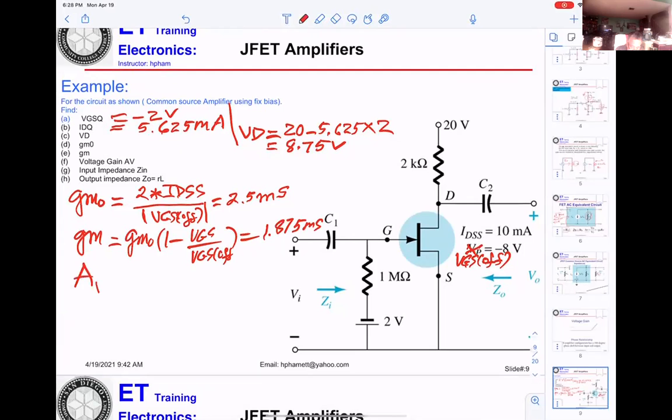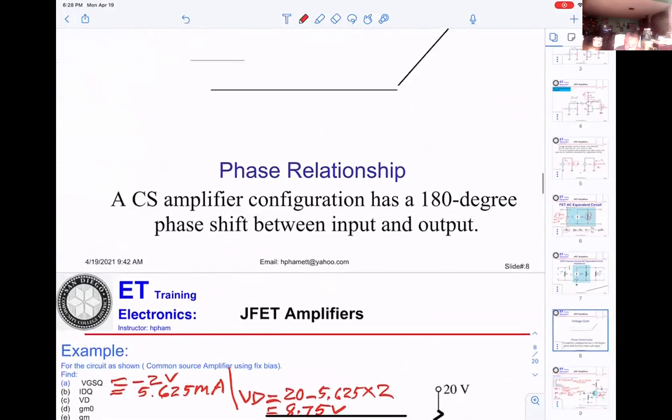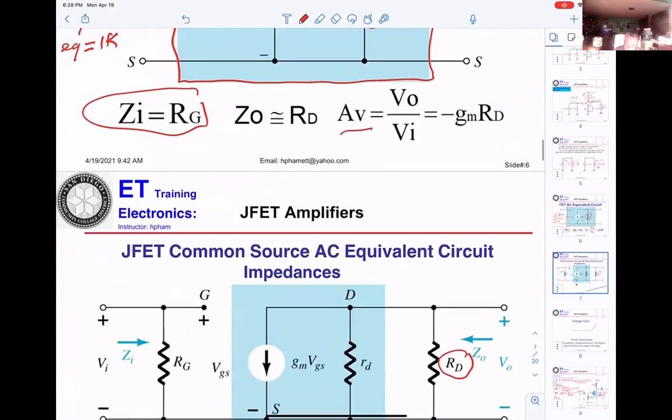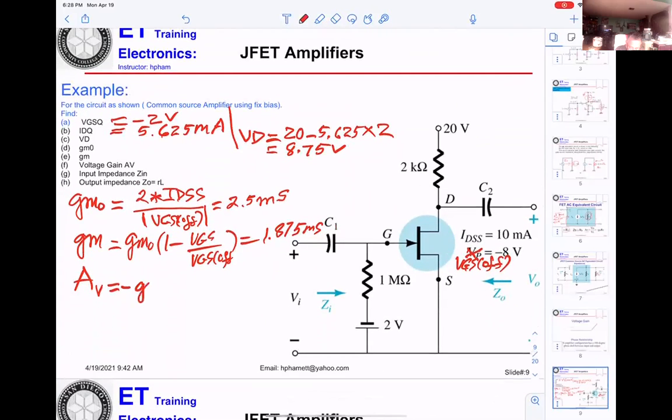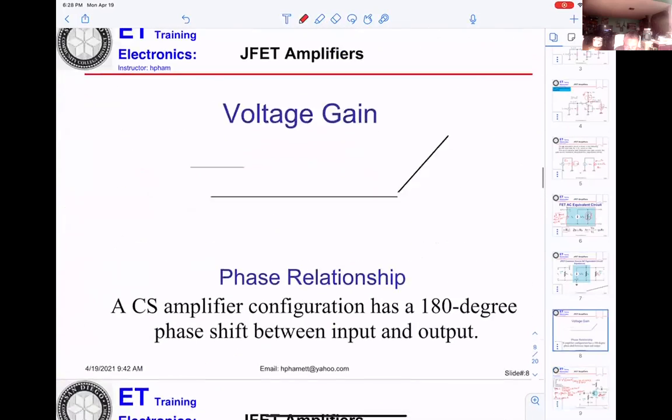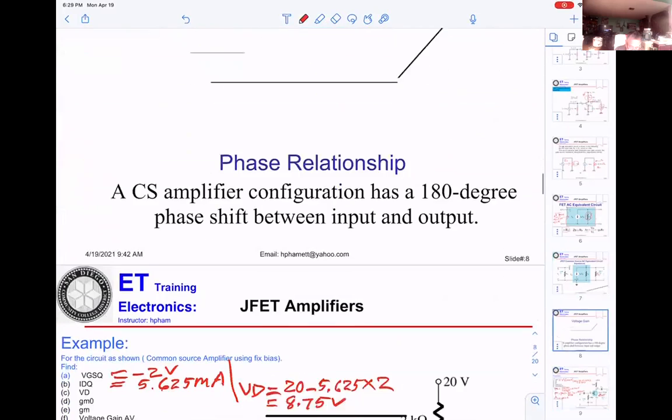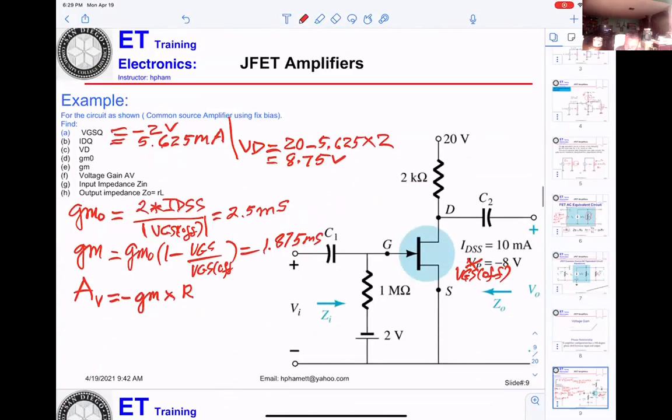Okay, now the voltage gain. AV equals minus GM times RD. So it will be minus 1.875 times RD, 2K, 2000.